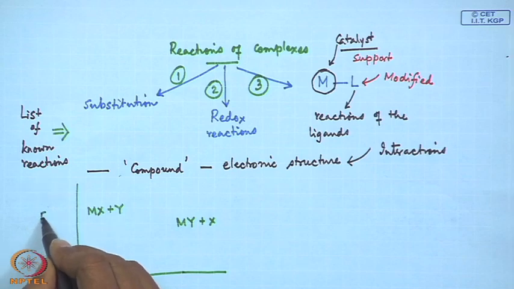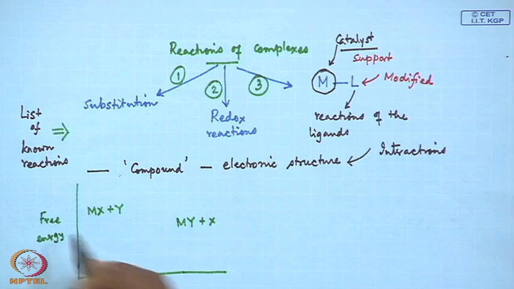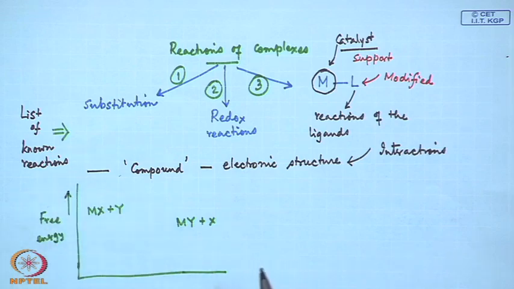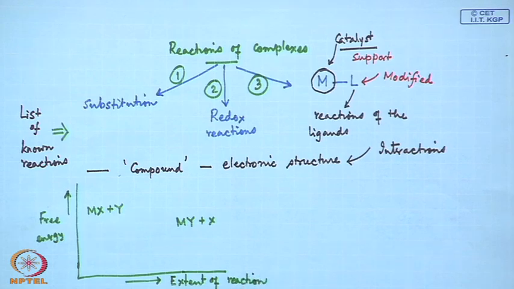So, if we have this axis as the corresponding free energy change for the reaction, that means for the substitution reaction, substitution of X by Y, and how much we are progressing from left to right, that is how fast or how quick the reaction is or how far the reaction is going, that means the extent of reaction.